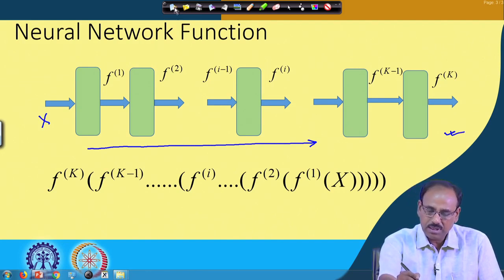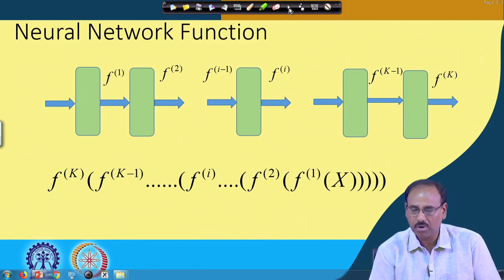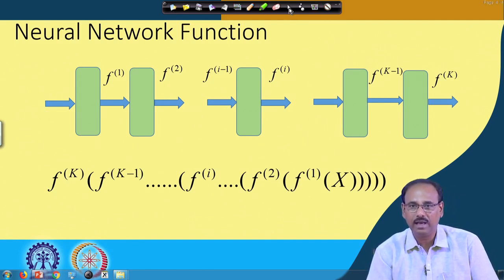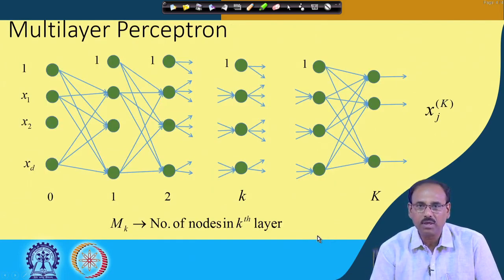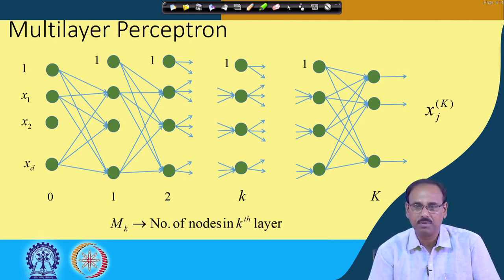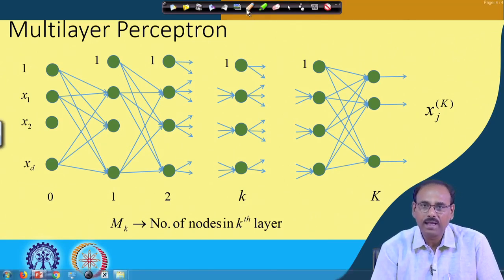Now let us see in detail what this neural network or multi-layer perceptron looks like. So this is a somewhat detailed representation of this feed forward neural network. Here I have assumed that there are k number of layers in the network.